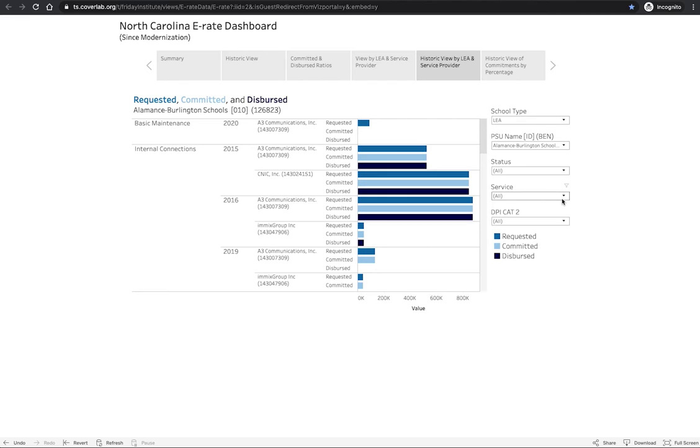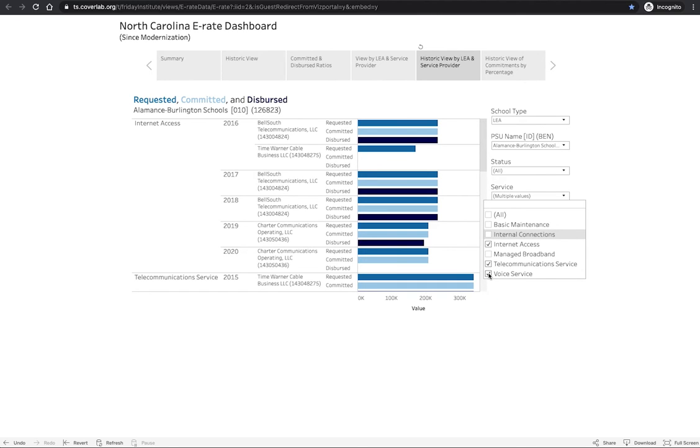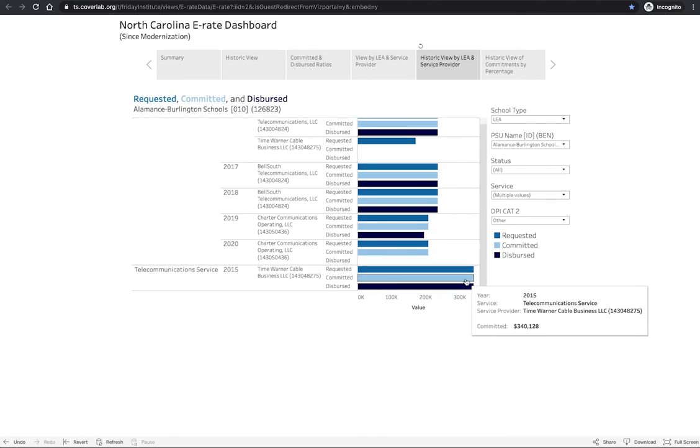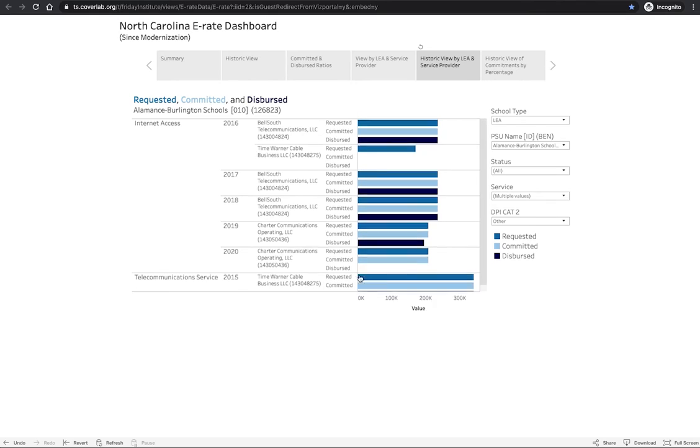So if we want to, we can just look at the internet connections, so take voice off. Okay, so these are the numbers for the internet connections, and you can see their price went down from $340,000 in 2015 to, here's 2020, $206,000.